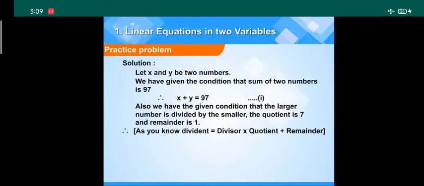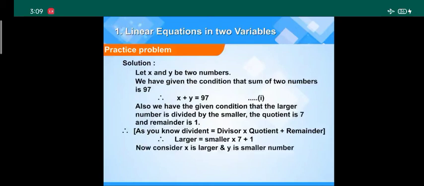Therefore, as we know that dividend is equal to divisor into quotient plus remainder. Therefore, larger is equal to smaller into 7 plus 1.